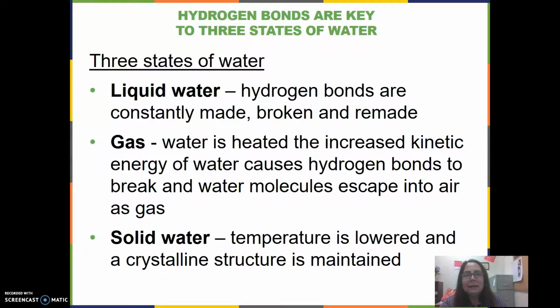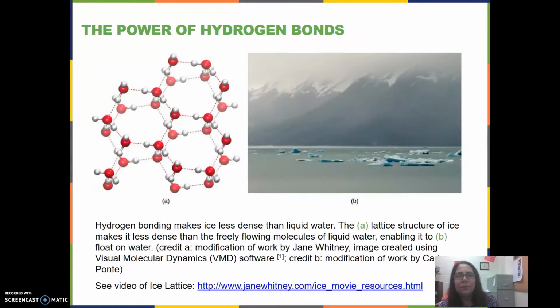So hydrogen bonding is the key to the 3 states of water: liquid, gas, and solid water, of course, which is ice. Gas is water vapor. So it is the hydrogen bonding that forms the crystalline structure of solid water or ice.